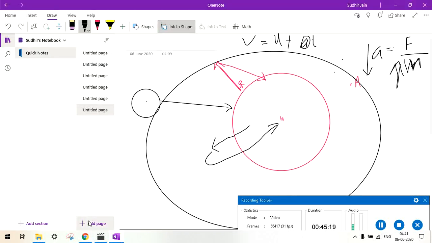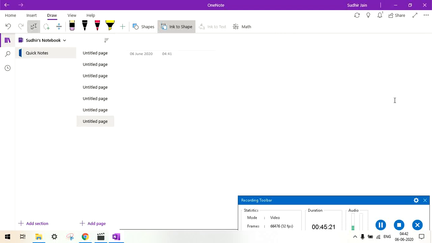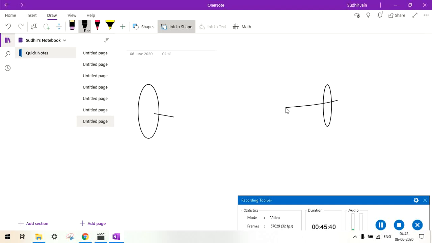To understand acceleration, let us take an example of a magnet. Let's say I have two magnets. I hope you have seen magnets of this shape, right? If you keep them at some distance apart, and initially they are at rest, they will start coming towards each other, attracted because of the magnetic force.